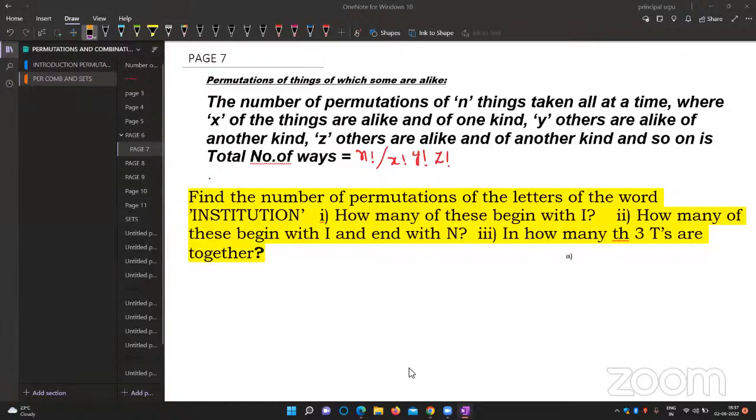Total permutations, especially for conditions like this, please listen to me. I'll directly give an example so that you can remember it.